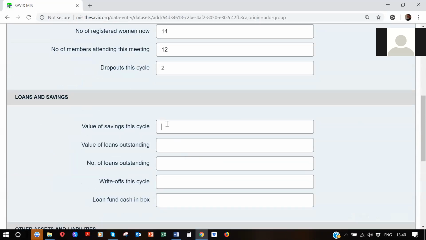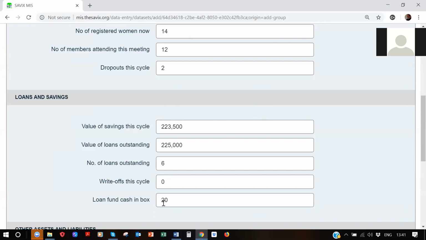Right. Now, value of savings this cycle, 223,500. Value of loans outstanding, 225,000. 6 loans, 0 write-offs, and 200 cash in box.